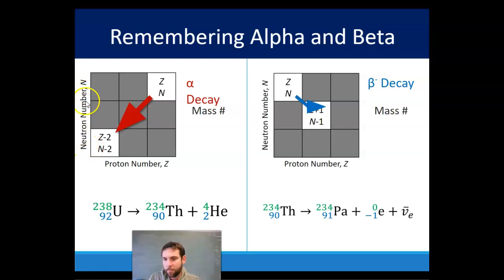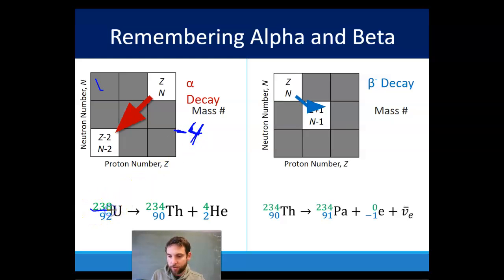Plotting our neutron number versus proton number, we get that line of stability. So as you increase your neutron number, you're going to become more and more unstable. Remember that alpha decay has a mass number of 4. So that means we are losing 4 atomic mass units.